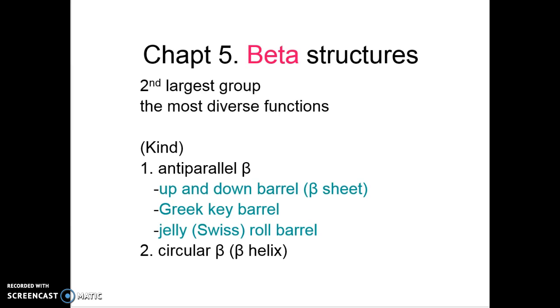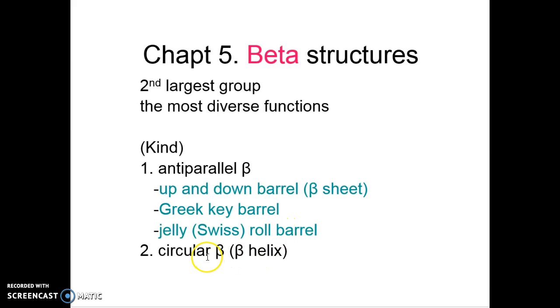Depending on the way the beta strands are connected along the polypeptide chain, they are divided into three main groups: up and down betas, Greek key beta, and jelly roll beta.